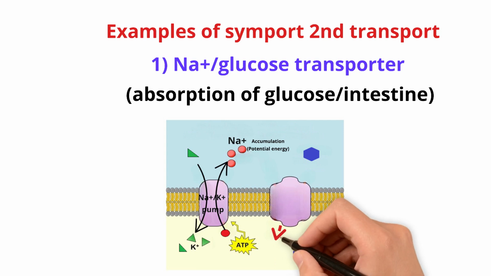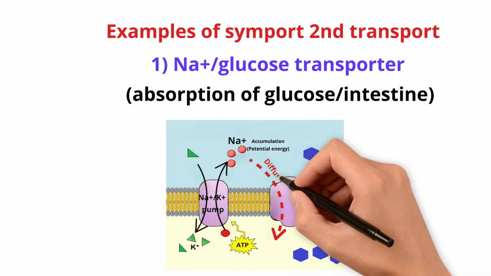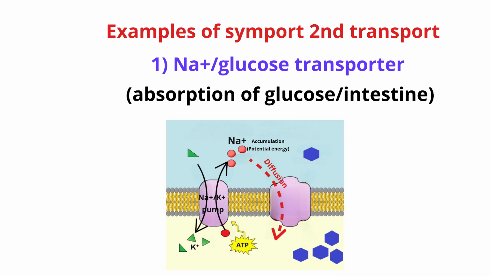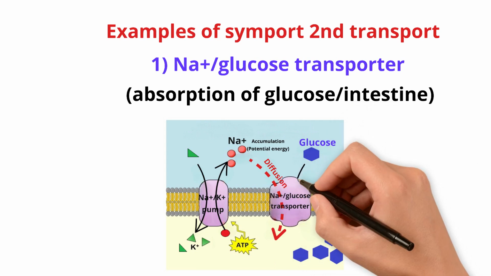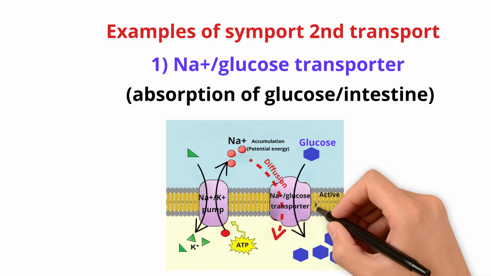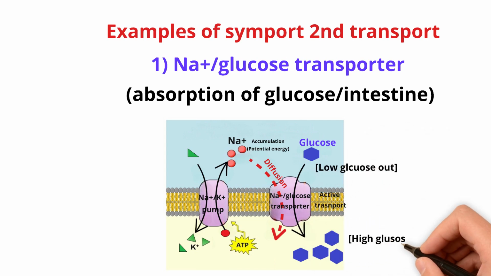Sodium now diffuses back inside from high concentration to low concentration areas. The transporter protein uses the released potential energy from the flow back of sodium to pull glucose inside the cell from low to high concentration. As you see, this happens even though glucose is already more concentrated inside. This is how your body efficiently absorbs glucose from food after eating.